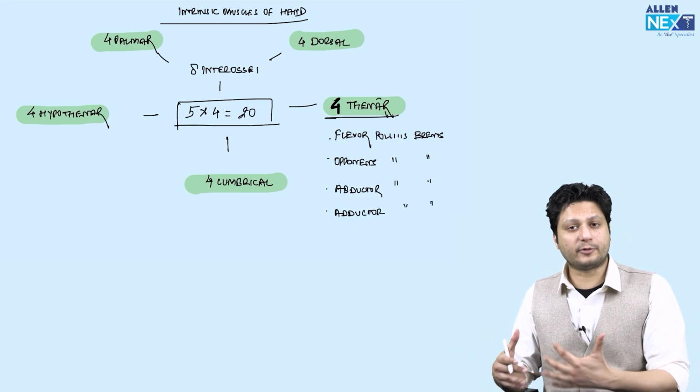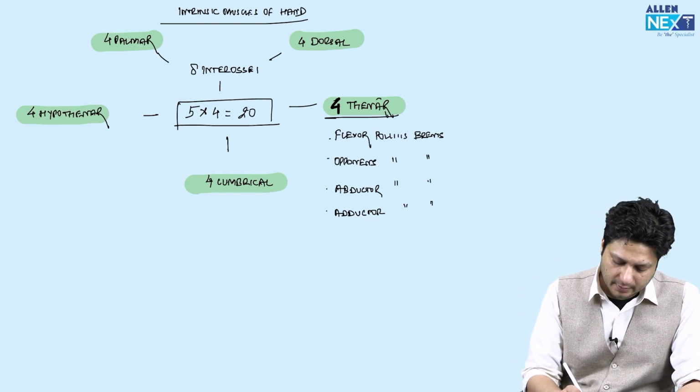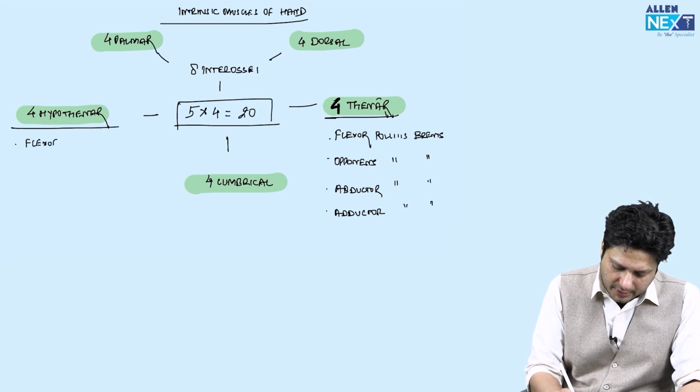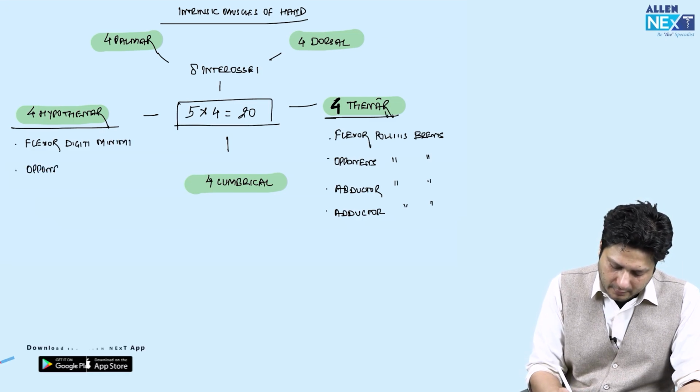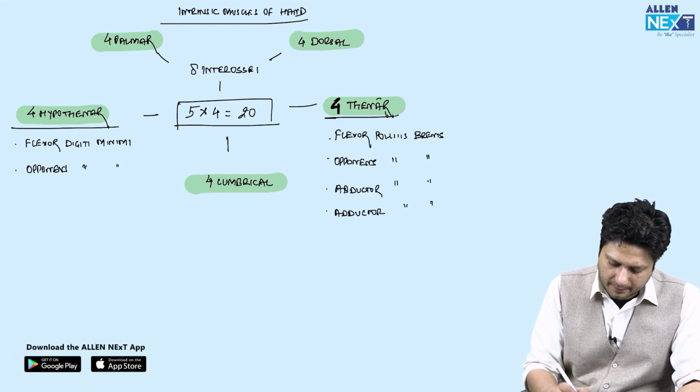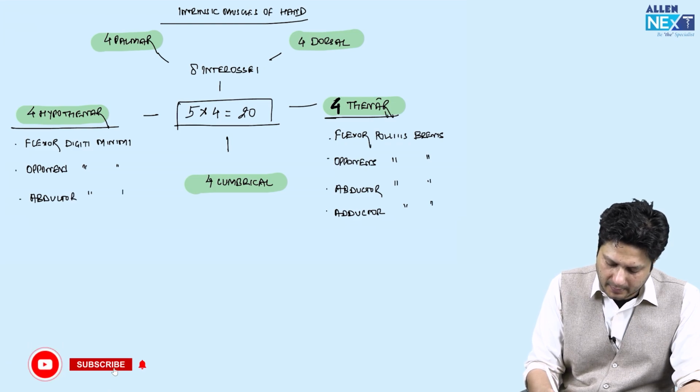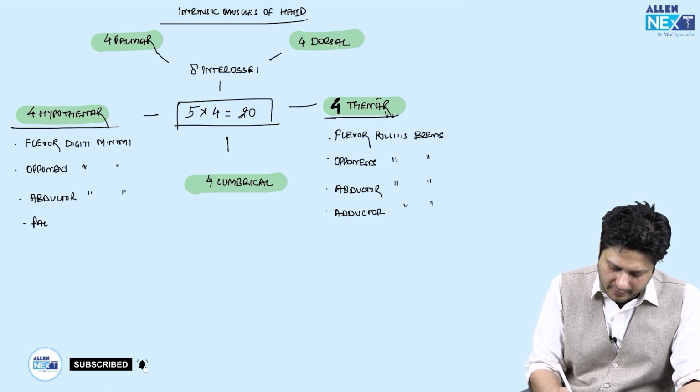On the other hand, the muscles in the hypothenar group are flexor digiti minimi, opponens digiti minimi, abductor digiti minimi and palmaris brevis.